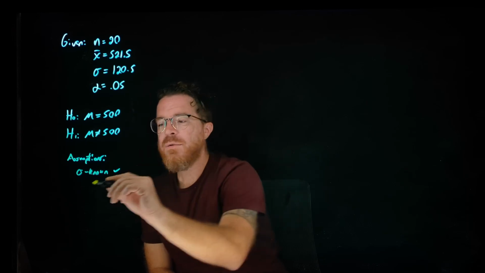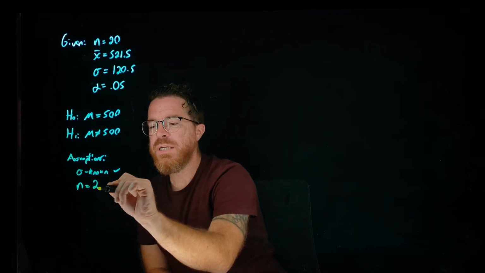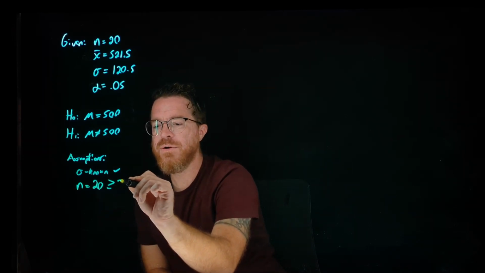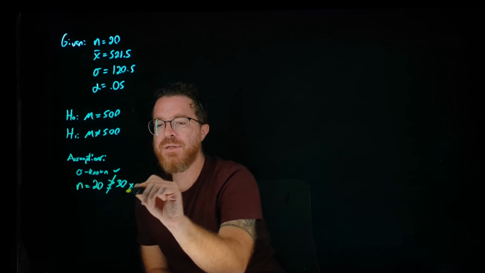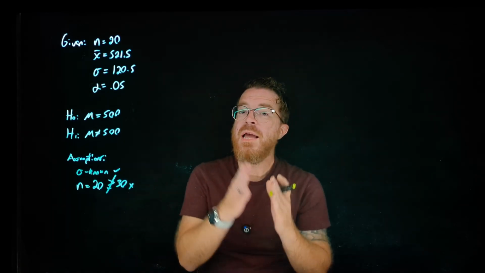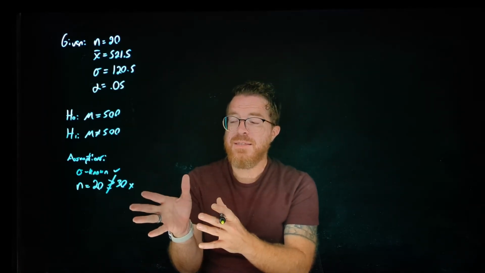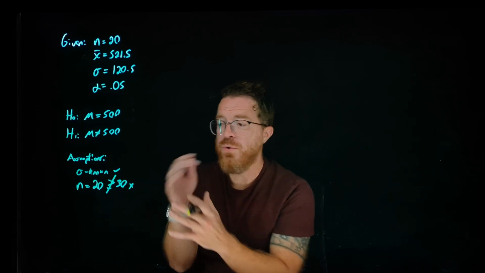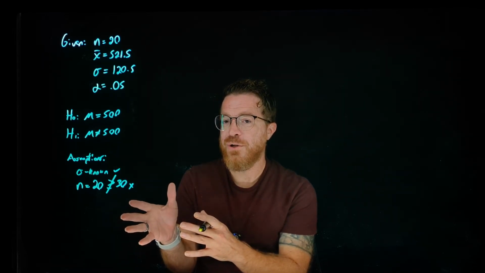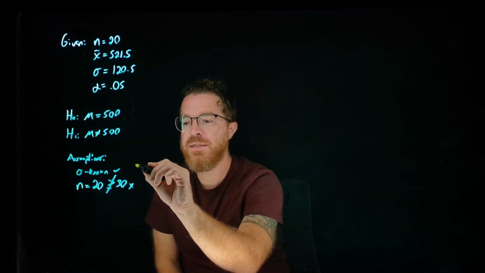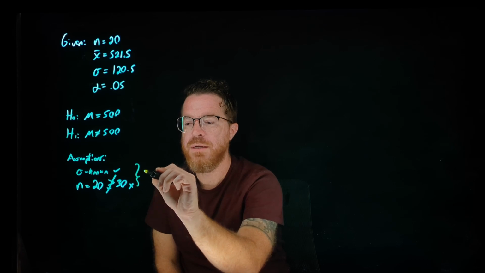And if we check n, n is equal to 20, which is not greater than or equal to 30. So it fails this assumption. But if you remember, when we're doing a hypothesis test, for our assumptions of sigma known or n greater than or equal to 30, only one of them has to be true. So based on this, we are going to use z.